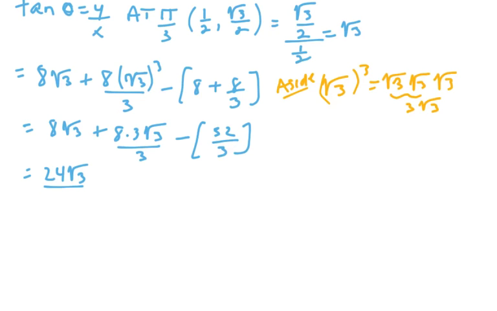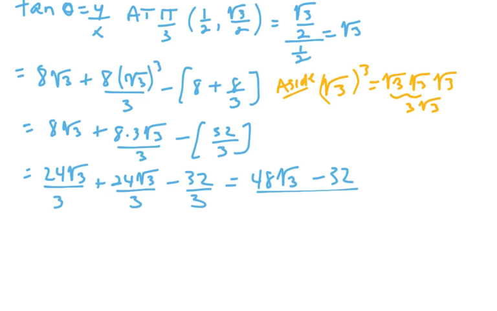So 8 square root of 3 is just 24 square root of 3 over 3, plus 24 the square root of 3 over 3, minus 32 over 3, which is equal to 48 the square root of 3 minus 32 over 3. And that indeed is the answer to this problem. So I hope this helps.